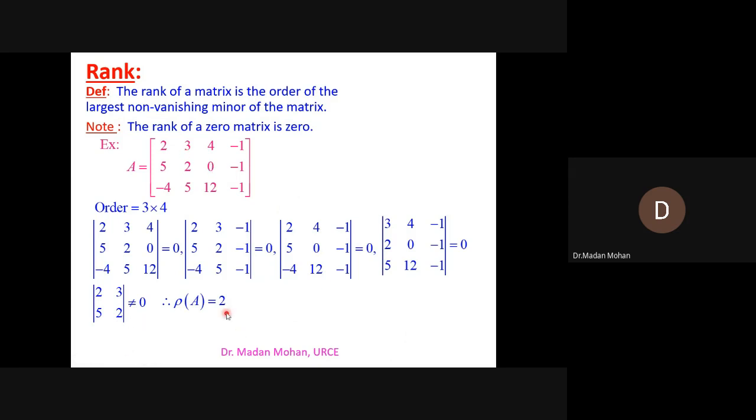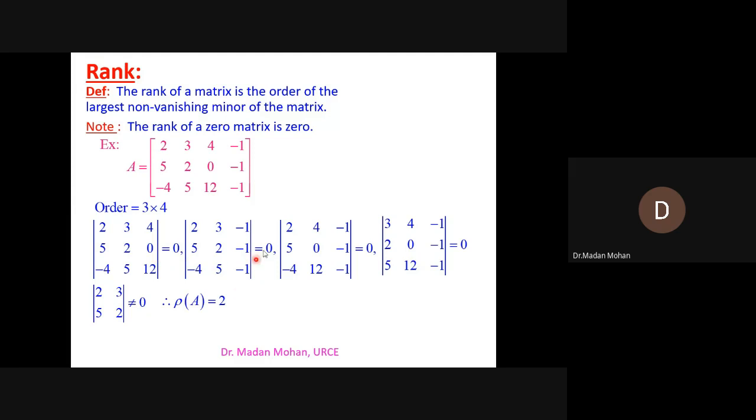A number R is said to be the rank of a matrix A if it has at least one non-vanished minor of order R, and all minors of order above R vanish.